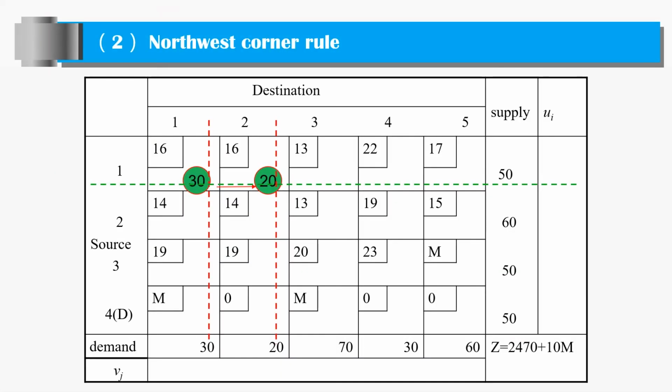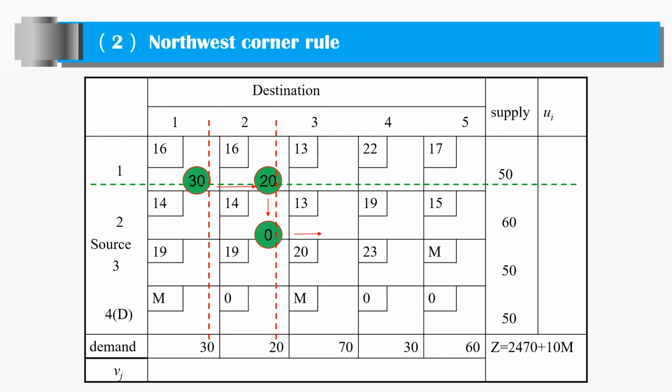Then we select x12. Now the law and the claim have the same remaining supply and demand. Then eliminate law 1 and claim 2 simultaneously. We allocate x22 with a circled 0 to provide a degenerate basic variable.